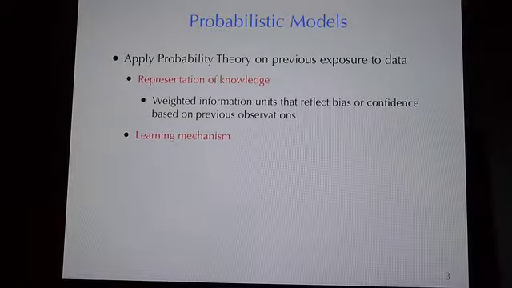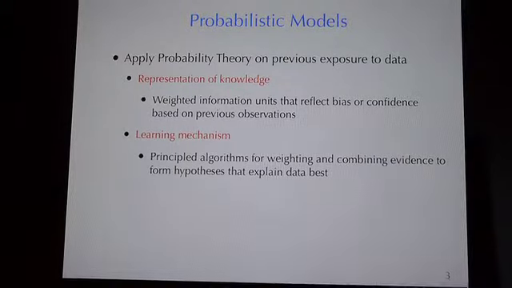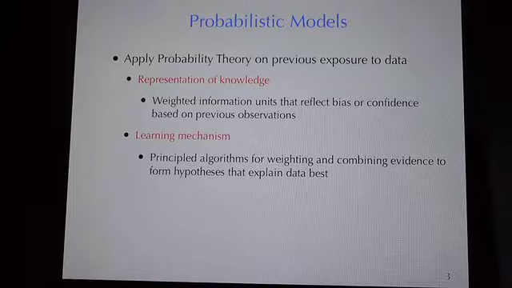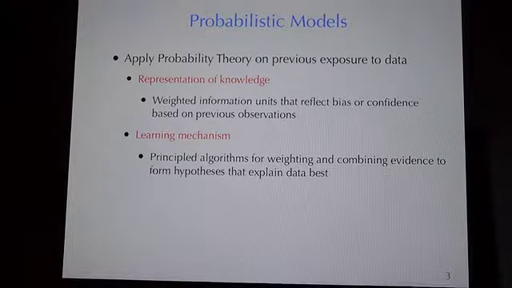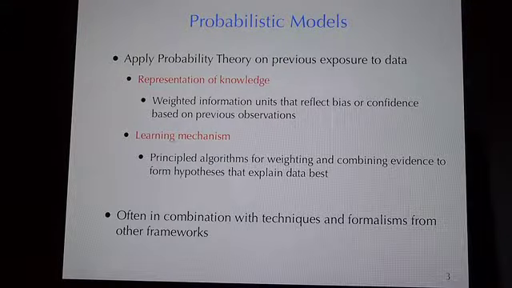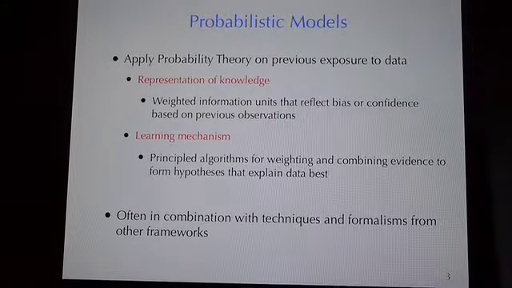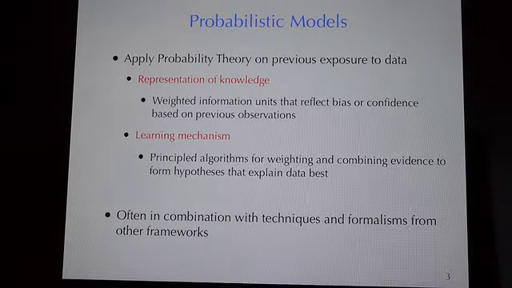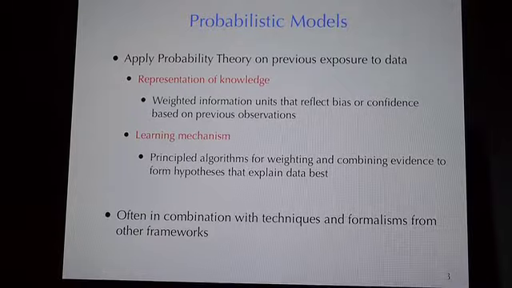And then the learning mechanism has to actually incorporate these weights to come up with a way of choosing a hypothesis that explains the data the best. So often a probabilistic approach is actually relying on another formalism for representation. For example, it adds weights to a symbolic representation of knowledge.